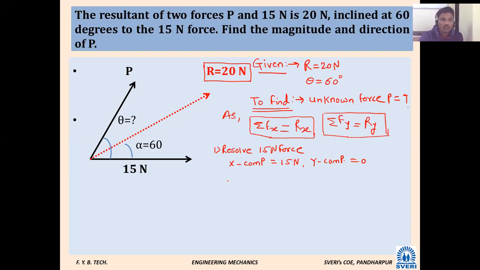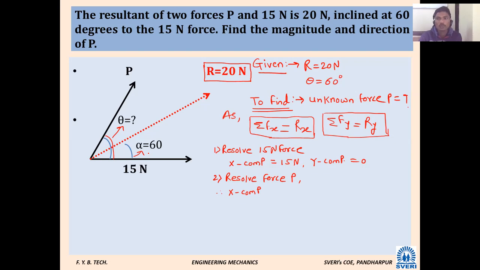What about force P? Now I will write here, resolve force P. How much angle is that force P making with the horizontal? Now the notations are a little different. Here that theta is given. So it is not the angle of the resultant. Angle theta is given, and R for the resultant, alpha notation is given. Let it be, notation doesn't matter.